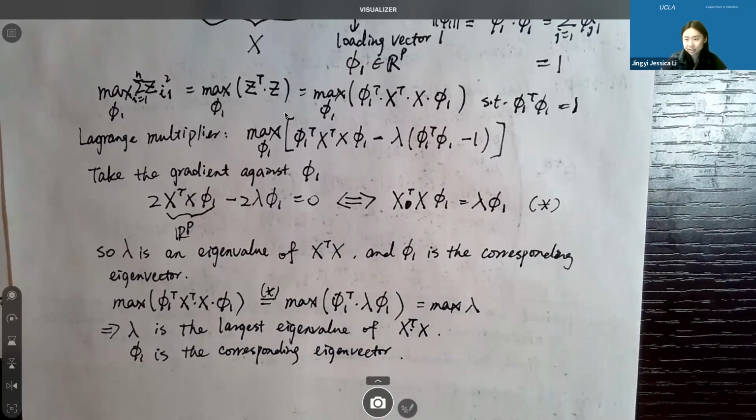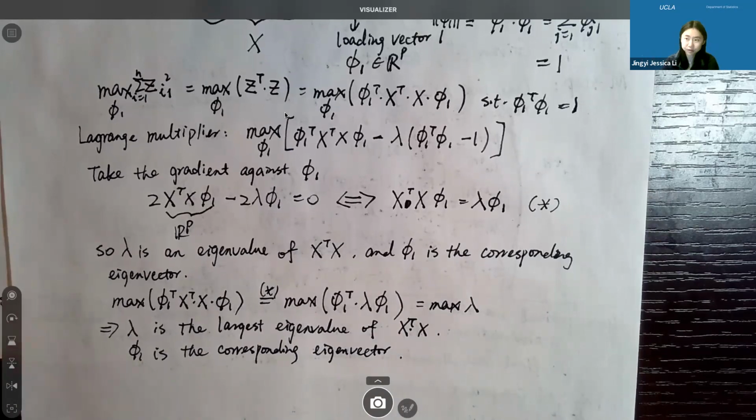Then for the second new dimension, you add one more constraint. That is, the second new dimension must be uncorrelated with the first new dimension, and you still want to maximize the variance. You can then show that the loading vector for the second new dimension corresponds to the second eigenvector of this matrix. That's why the whole PCA idea becomes eigen decomposition.